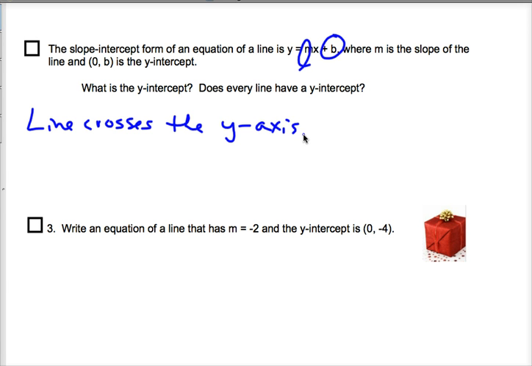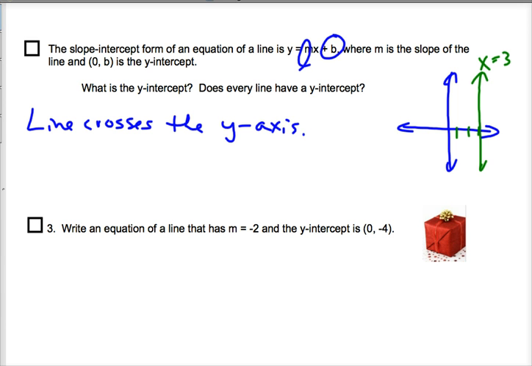Does every line have a y-intercept? Well, almost every line has a y-intercept, except for there's a special type of line that wouldn't have a y-intercept, and that is, again, that vertical line. You know, if I had a grid over here, and then I drew a vertical line somewhere, I could call that 3. This would be the graph of x equals 3, by the way. All the x's are 3. That does not cross the y-axis, so it doesn't have a y-intercept.